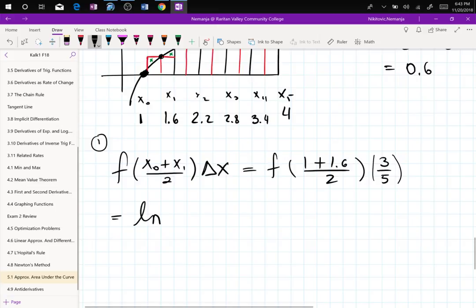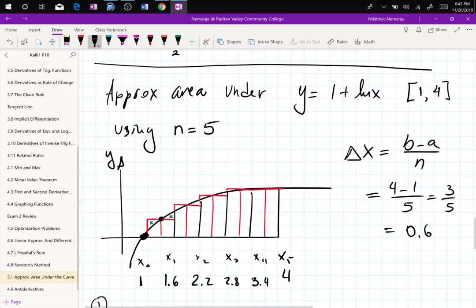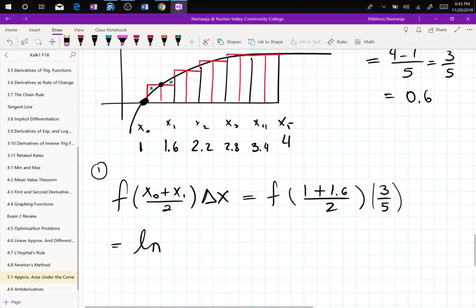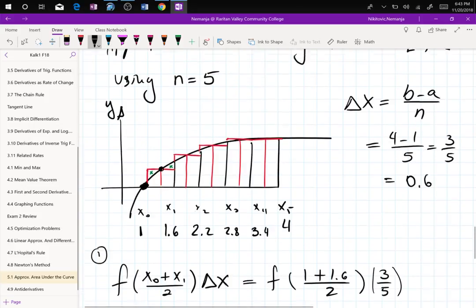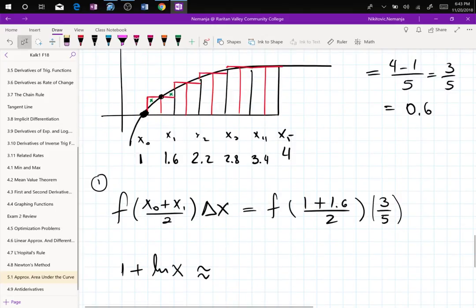So I have ln, because that's my function, right? 1 plus ln x. Instead of x, I'm going to place the value from here, which is 1.3.